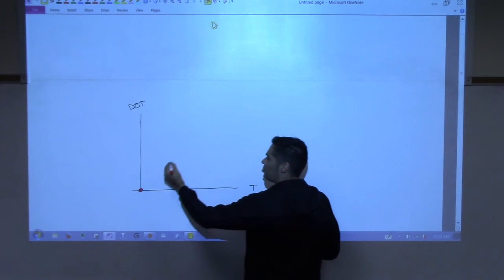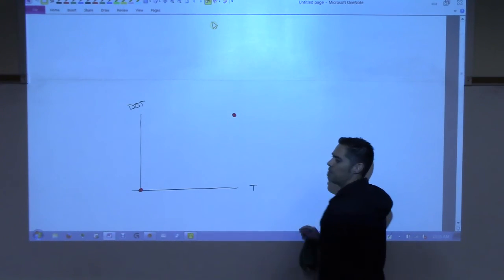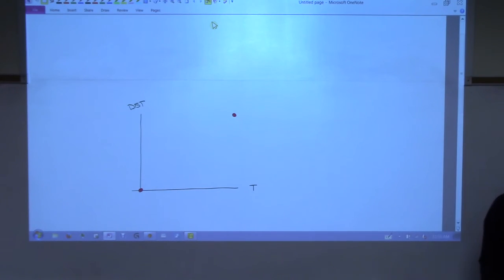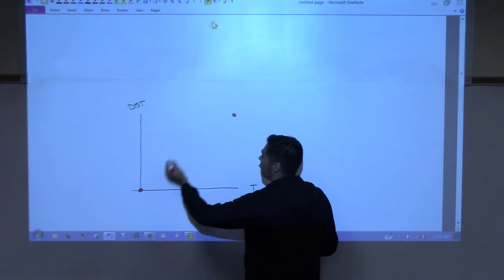And at the end of his trip, he finishes at some distance. Some time has gone by and some distance. And in between, it doesn't matter. I didn't tell you how fast Nathan drove or how he drove. He just got from that point to that point, right? So I need to draw a curve that goes from here to here.